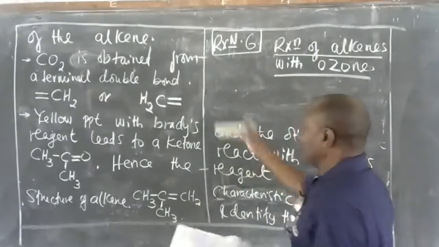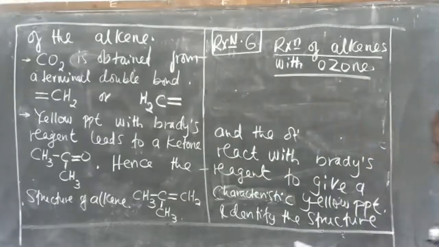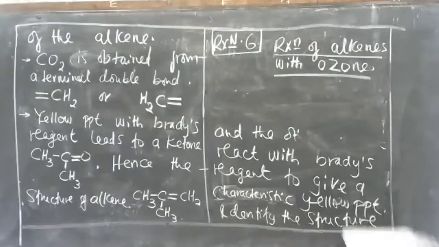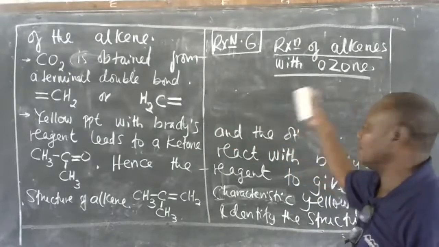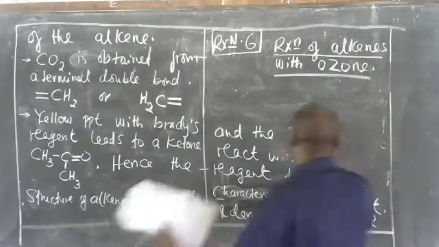Now, if I give you some product, can you come out with the structure of the alkene now? If I say maybe carbon dioxide, carboxylic acid, you should be able to write the structure of the alkene with potassium permanganate. Now we look at ozone.